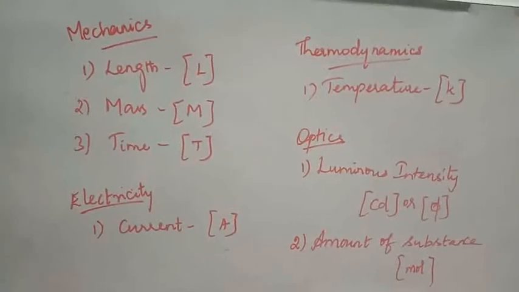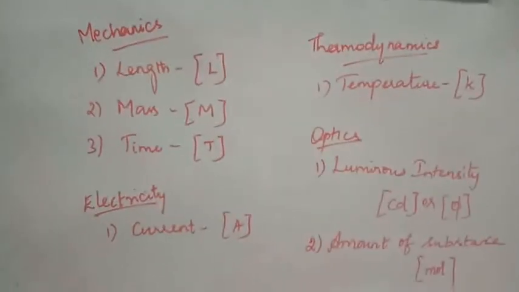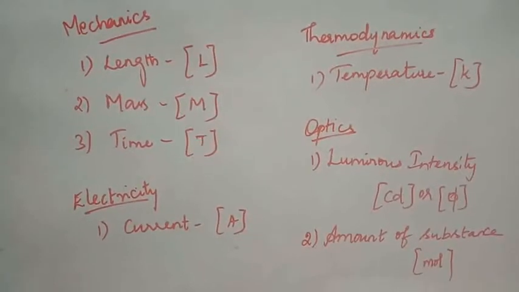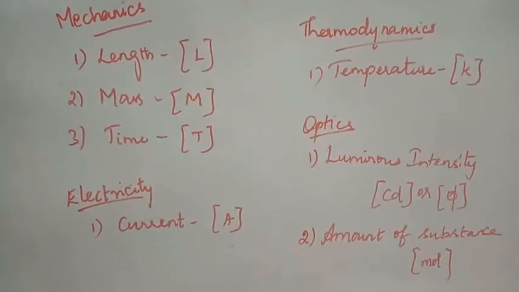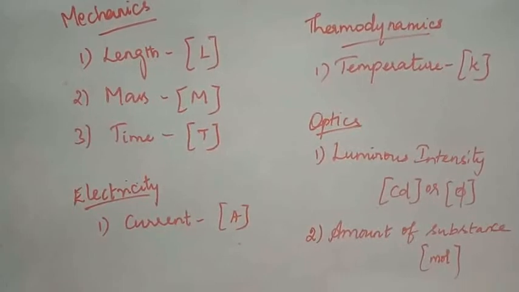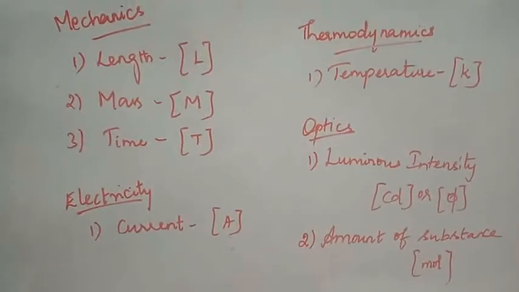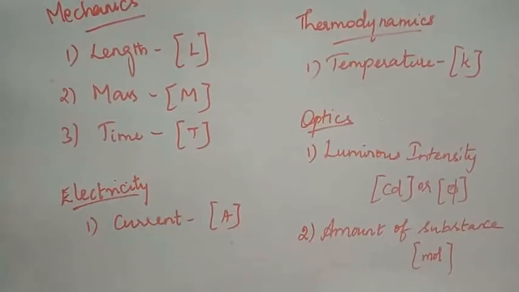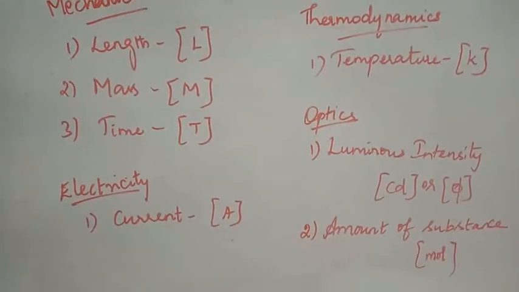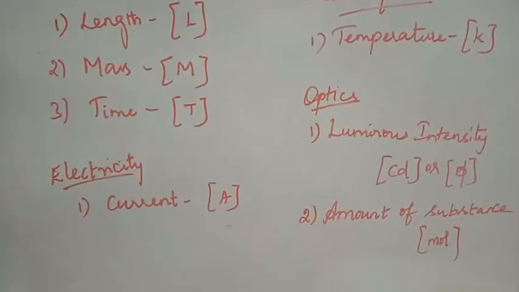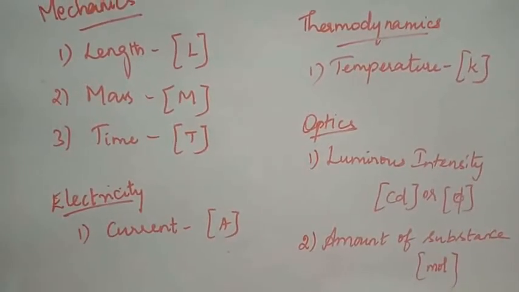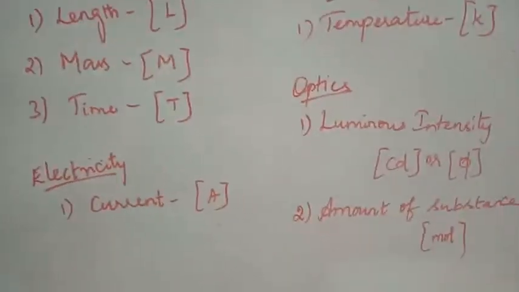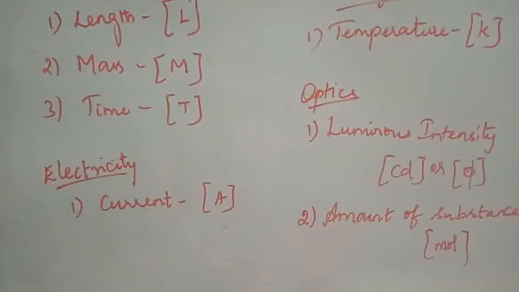Some of the dimensions are in the branch of physics, mechanics. The major or base quantities are length, mass and time. For length the dimension is L, for mass M, and for time T. And for electricity, the measured quantity is electric current. For length, mass and time we had the same representation L, M and T, whereas for electricity, the dimension is given by its unit.